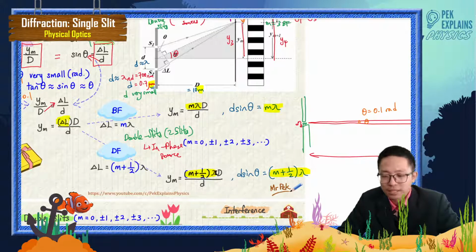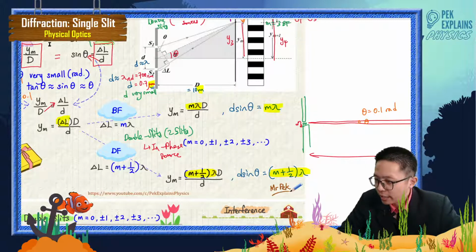This is the double slit formula. The bright fringe formula is d sine theta equal to m lambda, and ym equal to m lambda D over d. For dark fringe, it is d sine theta equal to m plus half lambda, or ym equal to m plus half lambda D over d.